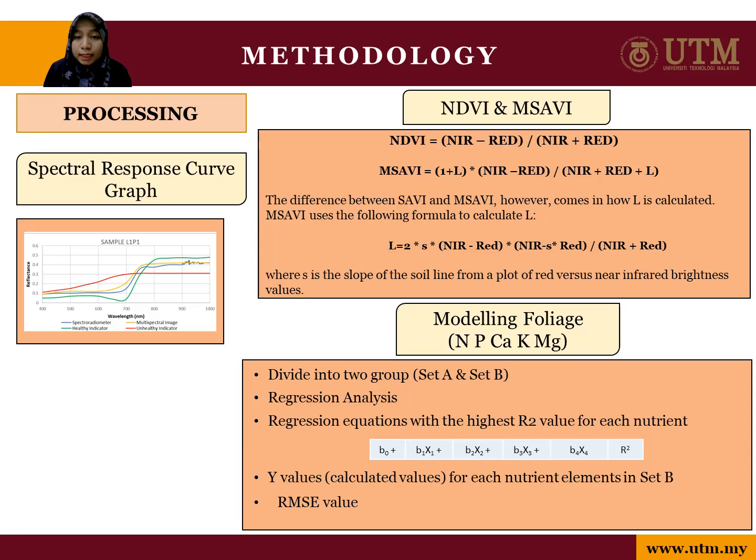Regression analysis will be performed on the data in set A to see the relationship between the nutrient element and one or more bands. The equation with the highest R2 value is selected to use in the calculation. Then the calculation will proceed to solve the value of Y for each nutrient for set B. Lastly, the RMSE value for each nutrient element will be calculated using the chi-square test.